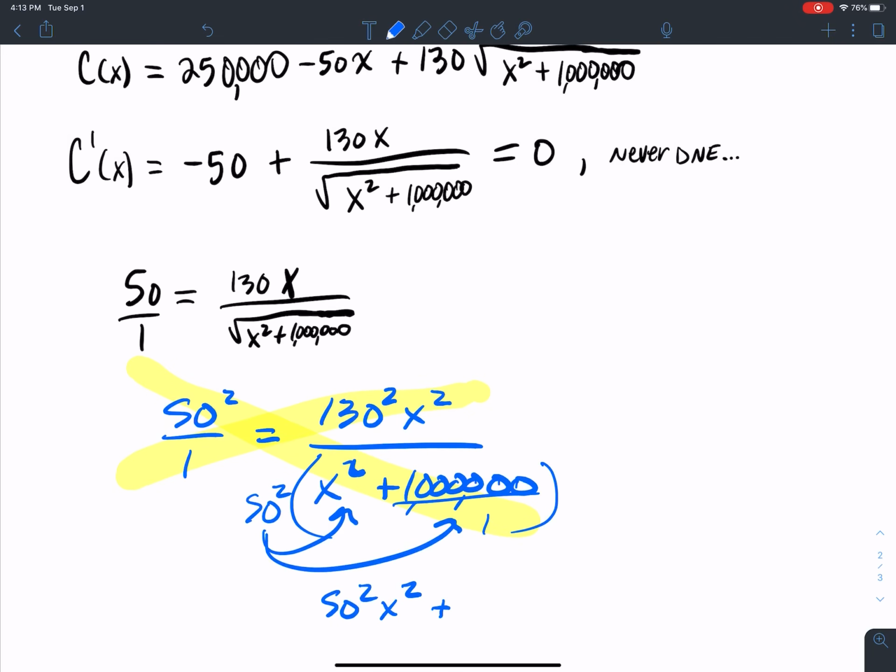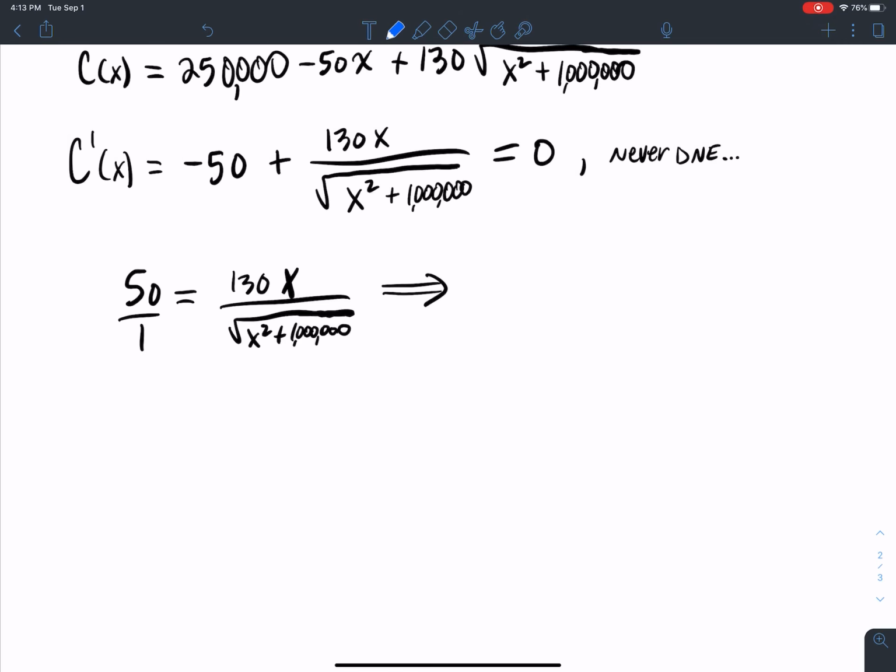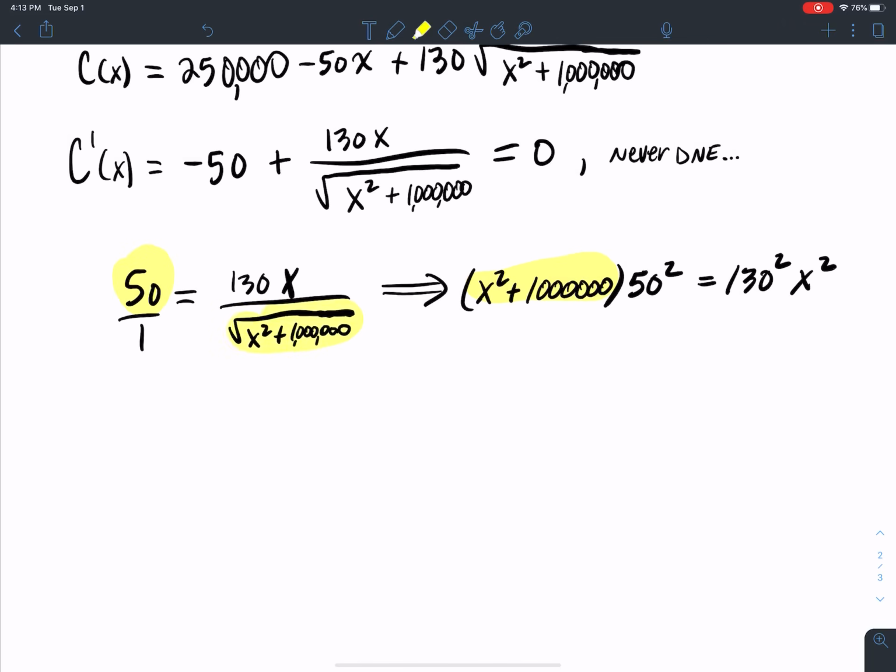So when I run through all that math, I'm going to get x squared plus 1 million in parentheses times 50 squared, like we squared both of those, cross multiplied, and then 130 squared and x squared times 1, right? So that's what's going on there. So that's where that's coming from. We just squared it and cross multiplied.